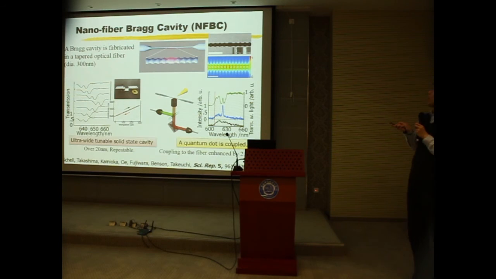And later, Professor Hakuta in Tokyo reported that actually 7% is an underestimation. If we take into account the real quantum efficiency of the quantum dot, the coupling efficiency to the single mode of the fiber was 20%. So if you take into account this 2.7 factor, and if we have a narrow line single photon emitter, the coupling factor could be more than 50% into the single mode of the fiber.